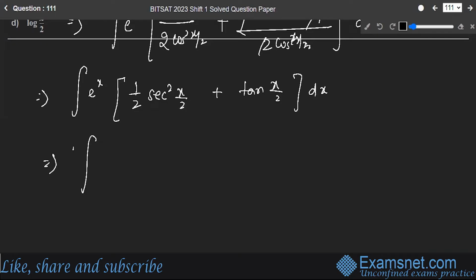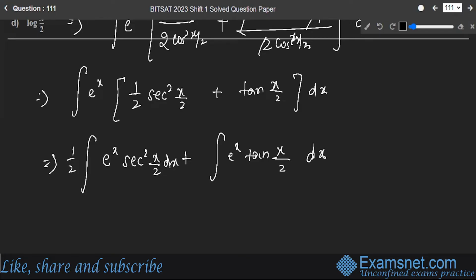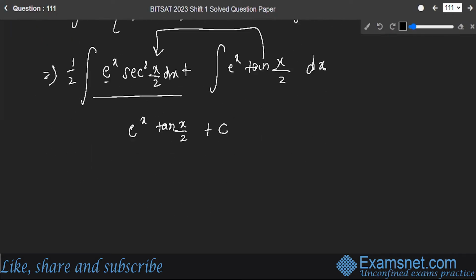Taking half outside, this is the integral of e power x secant square x by 2 dx plus e power x tangent x by 2 dx. This is equal to e power x tangent x by 2 plus c, because the derivative of tangent x by 2 is secant square x by 2 into half.